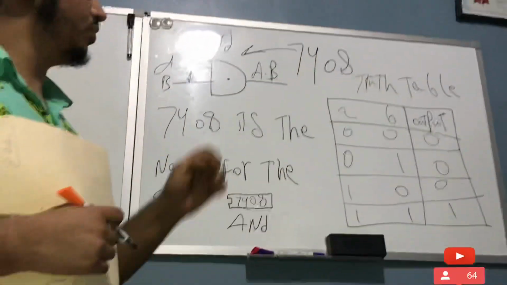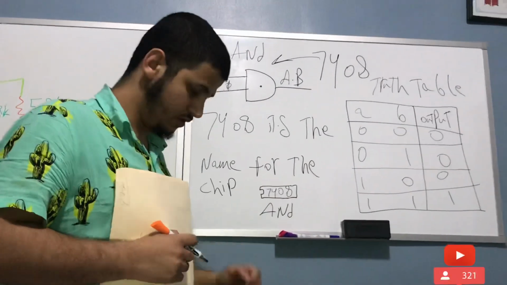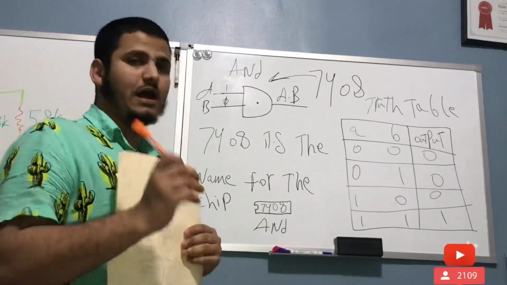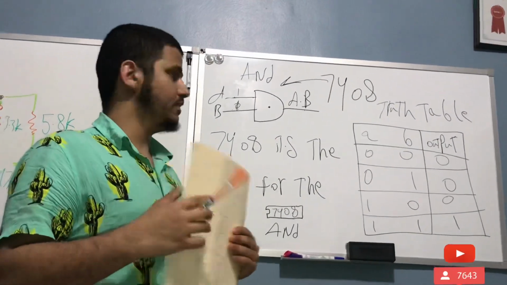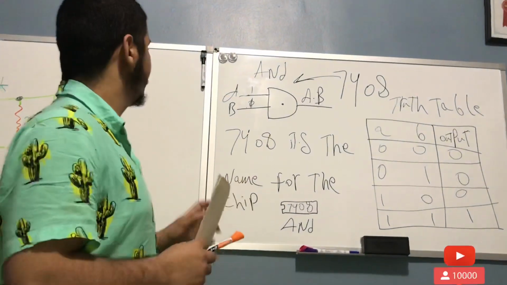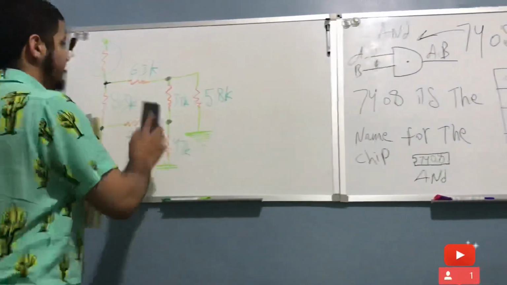That's for the AND gate. We also have the other gate, the OR gate. It's the opposite of this. I'm going to explain it in the next video.